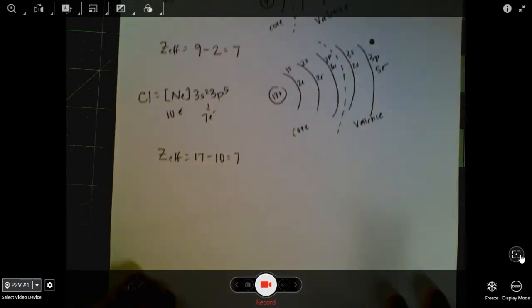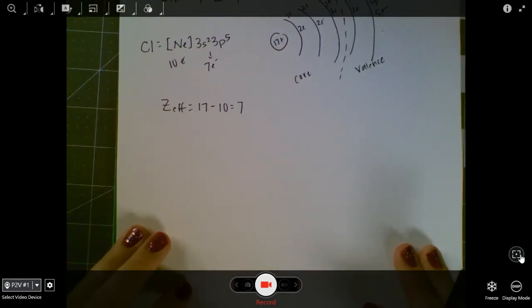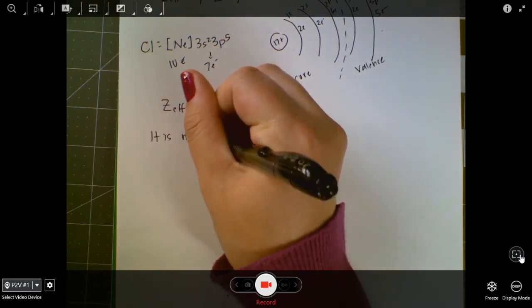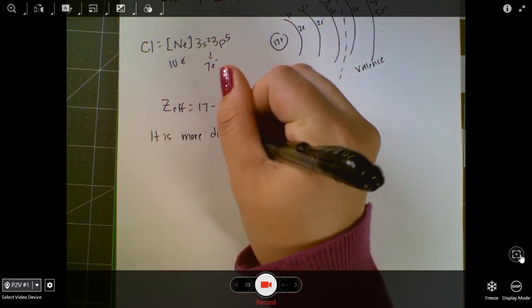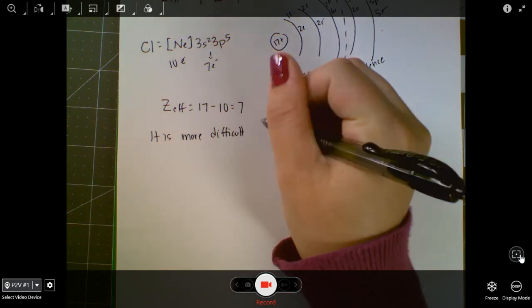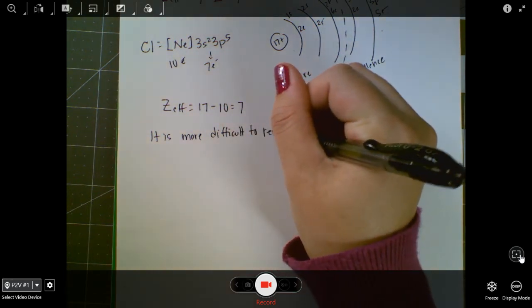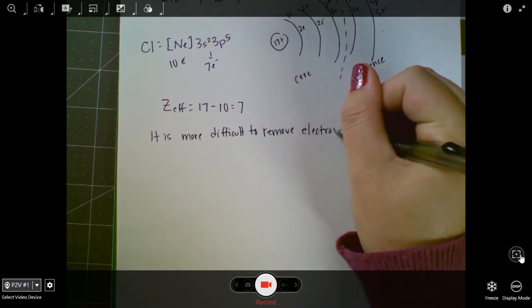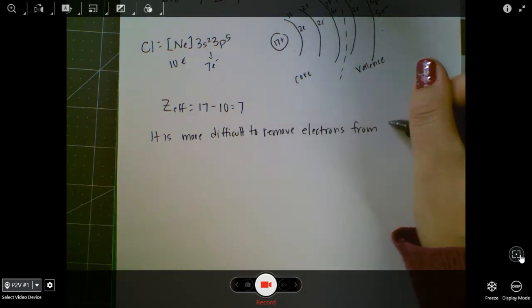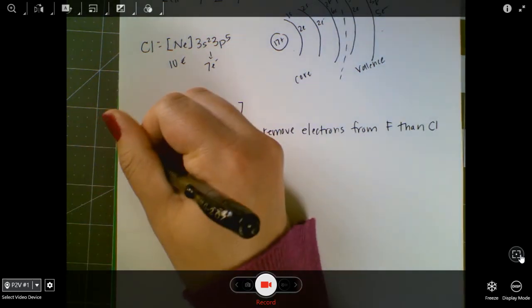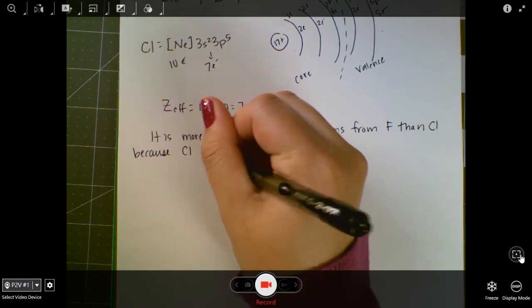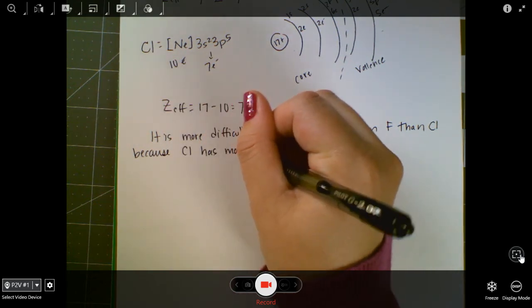So if I want to write a written example, if you want one, I would say it is more difficult to remove electrons from fluorine than chlorine because chlorine has more electron shielding.